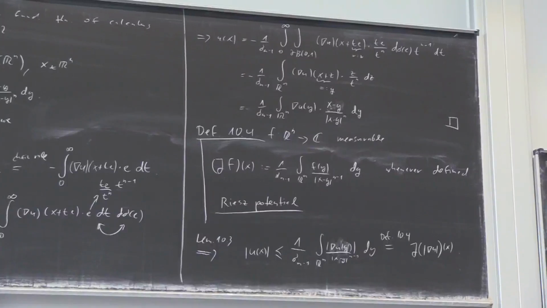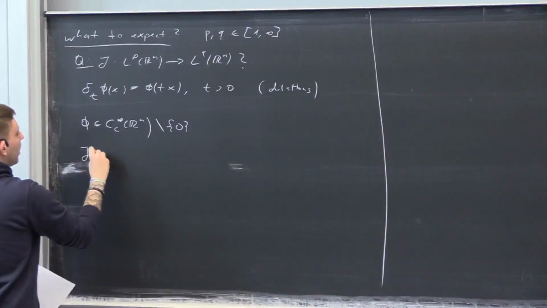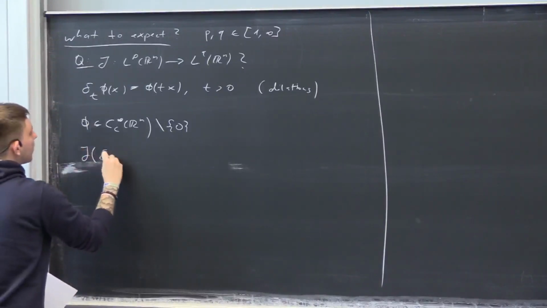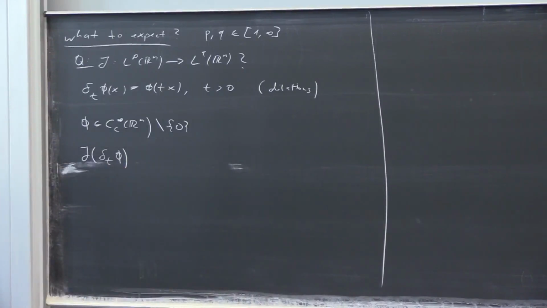So okay, but if I take such a phi, then I can ask myself, what happens if I calculate the Riesz potential not of phi, but of this dilation of phi? For this, you can just, as an exercise, write it down using basic substitutions.